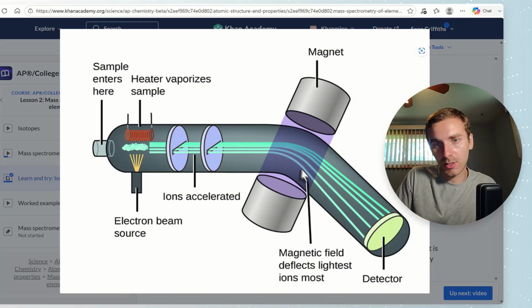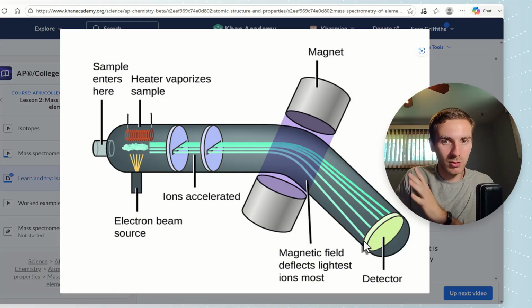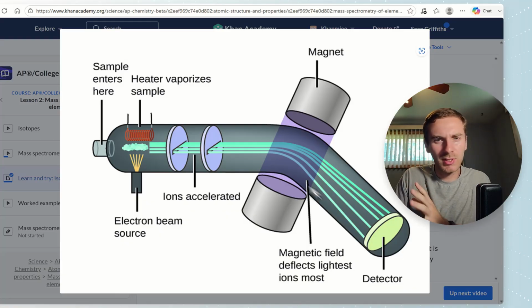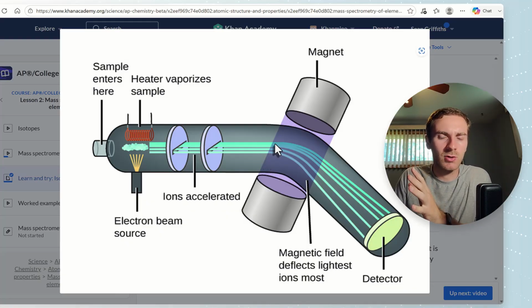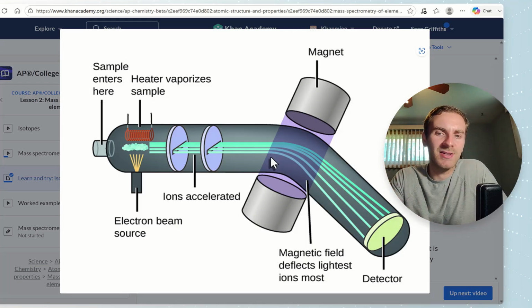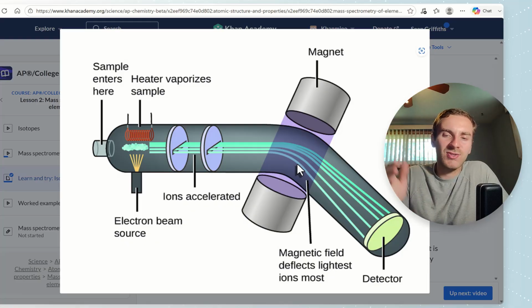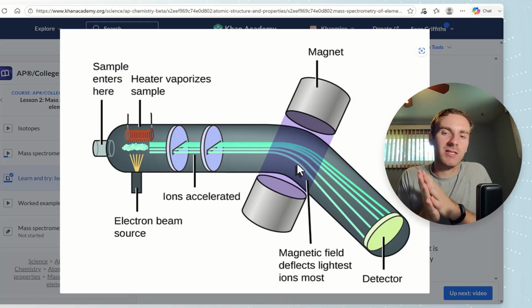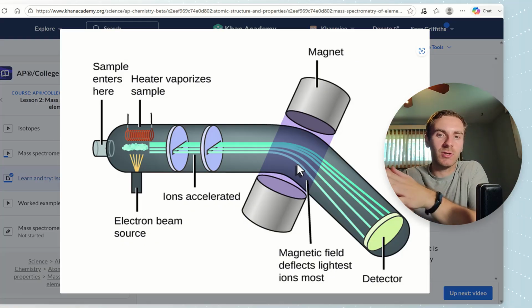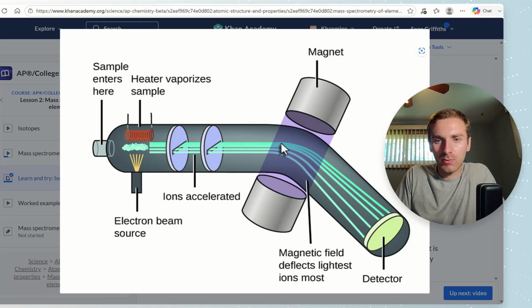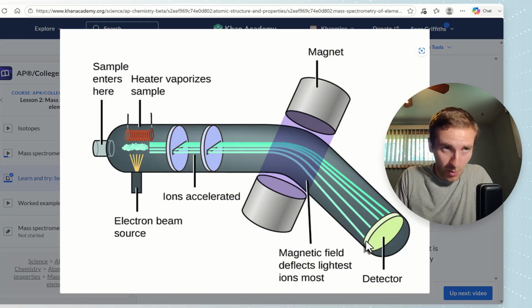This one here could have more charge, but again, we're really considering stuff that all has the same charge. We're considering all +1 ions. So the other factor is the mass. More mass, it's going to be deflected less because it has more inertia. It wants to keep moving in a straight line. So here, the one that's deflected the least is going to be the one with the greatest mass, and the one that's deflected the most has the smallest mass.